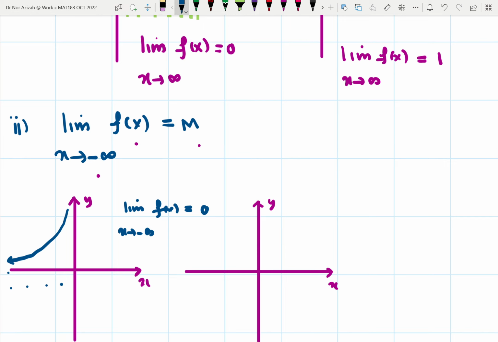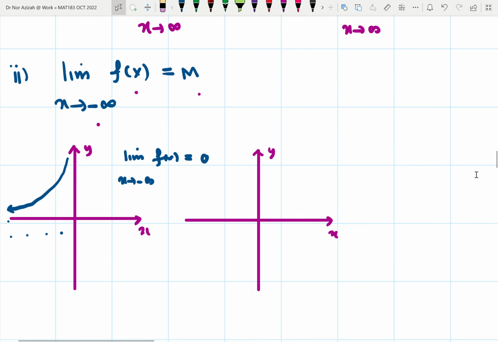Okay, so next, you see this one, the graph is like this. X goes to negative infinity. Okay, sorry, negative infinity.